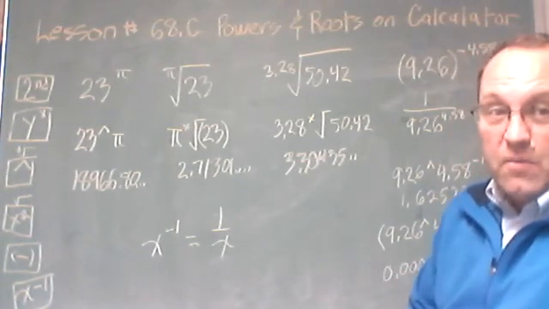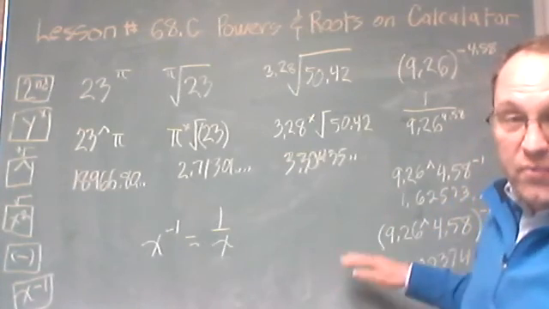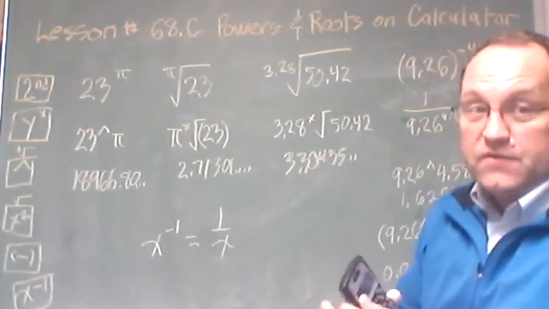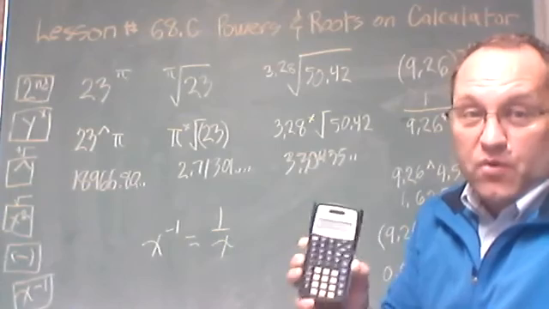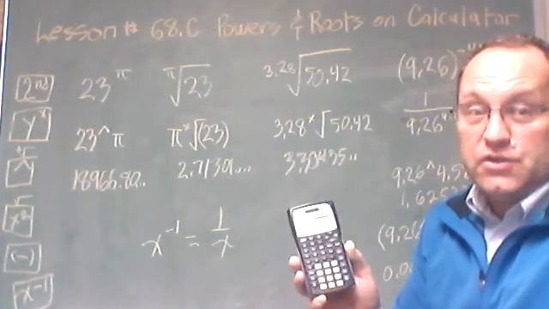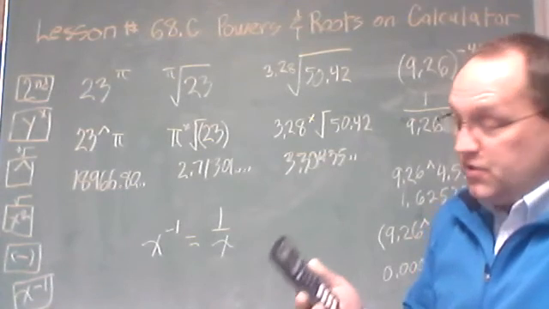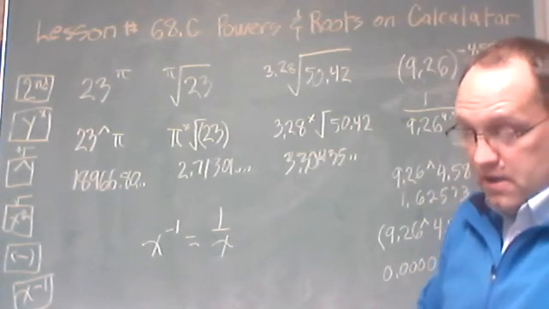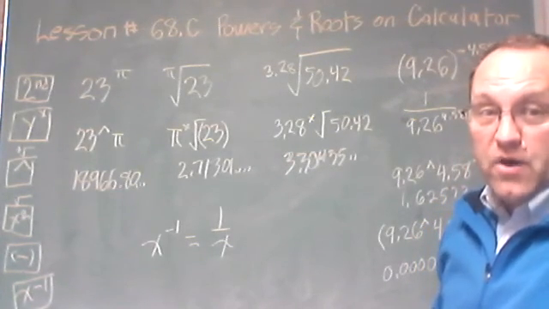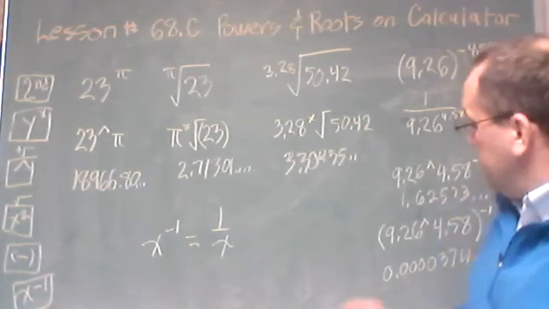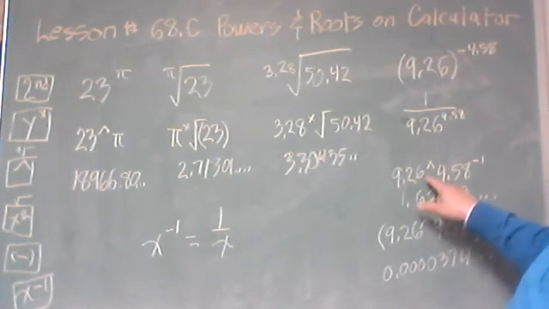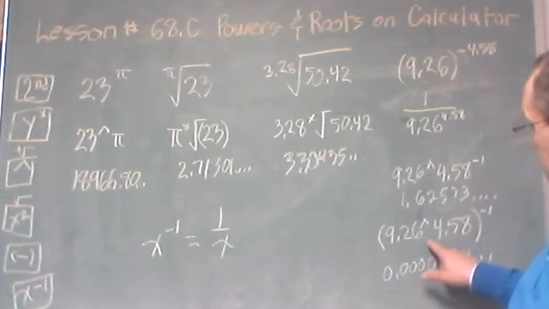So the point of that, and I went through that purposefully to show you, you have to know the proper order of putting things into your calculator. It's going to give you answers either way, but you got to make sure you know what you are doing there, okay? Because entering it in this way was not the same as entering it in this way, okay?